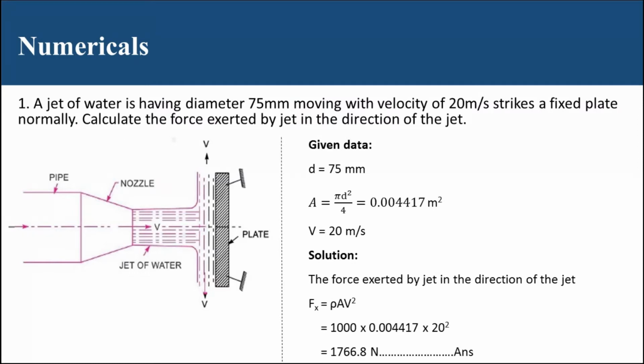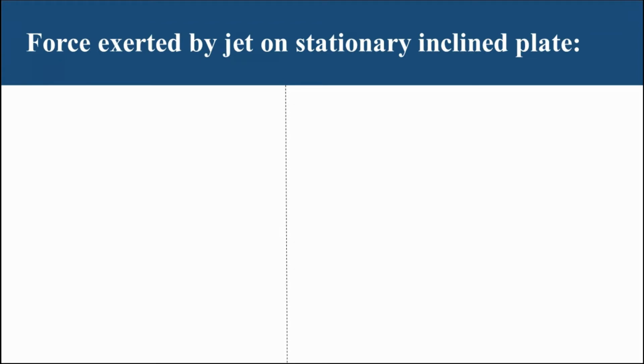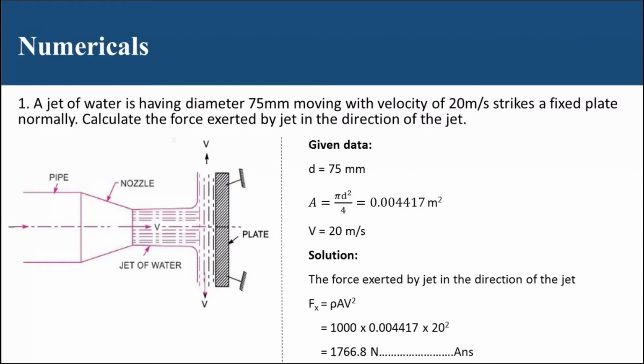You can do this calculation on your calculator, and the answer comes out to be 1766.8 Newton, or 1.766 kilonewton. Likewise you can solve numericals on the impact of a jet on a vertical fixed plate.